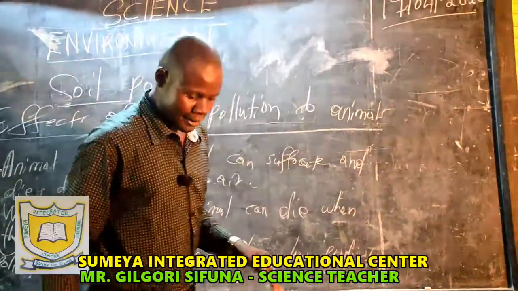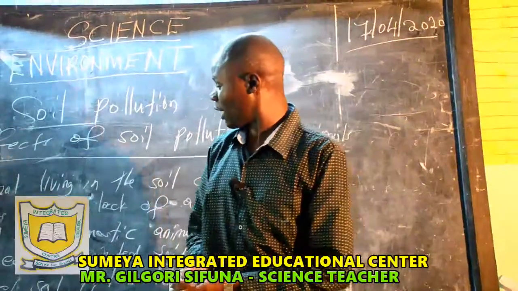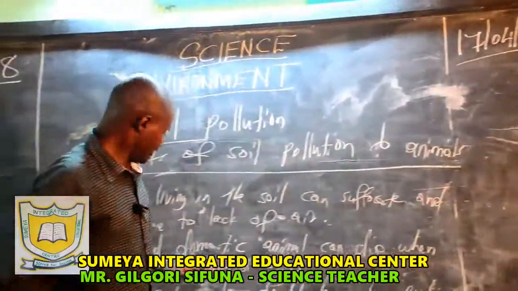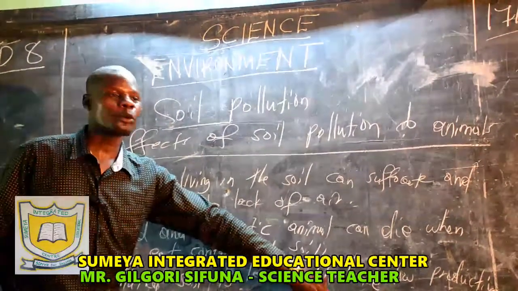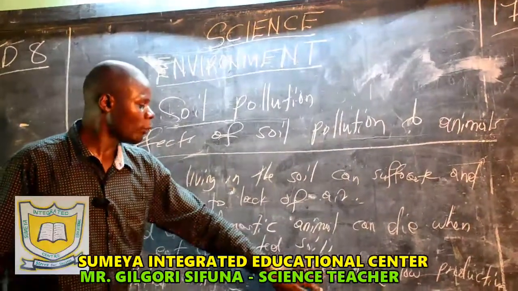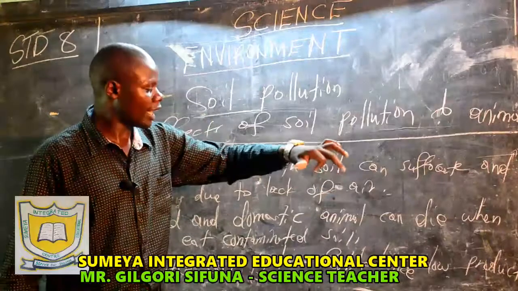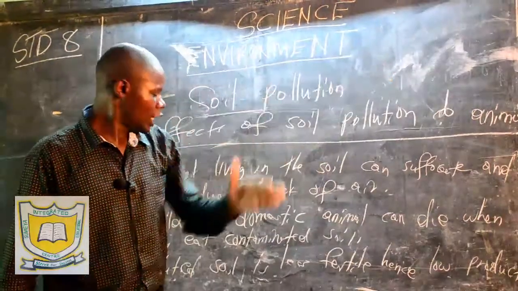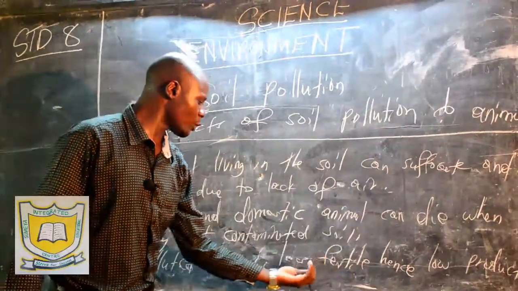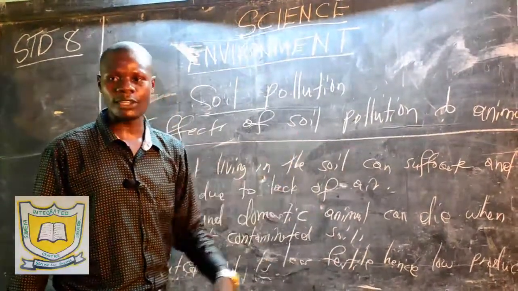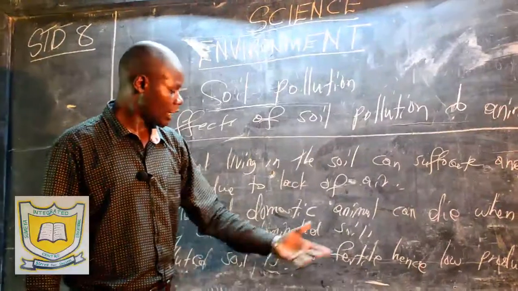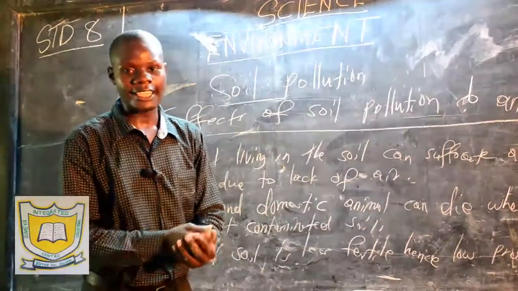We said when the soil is polluted, it is less fertile and it cannot produce healthy crops. Animals depend on crops. They feed on green pasture. So when there are no crops, because the soil is not fertile, what will they eat? The herbivores will have nothing to eat, so they will also suffer and die.